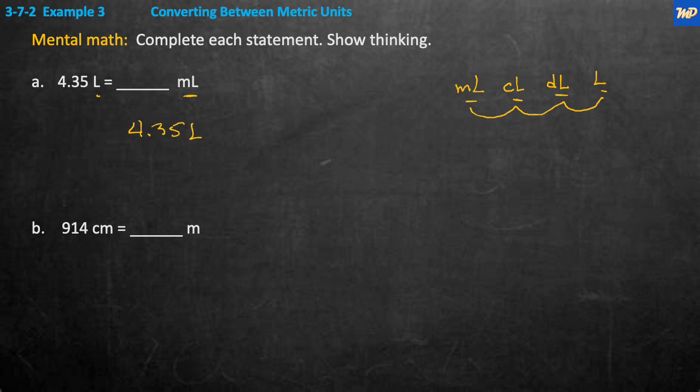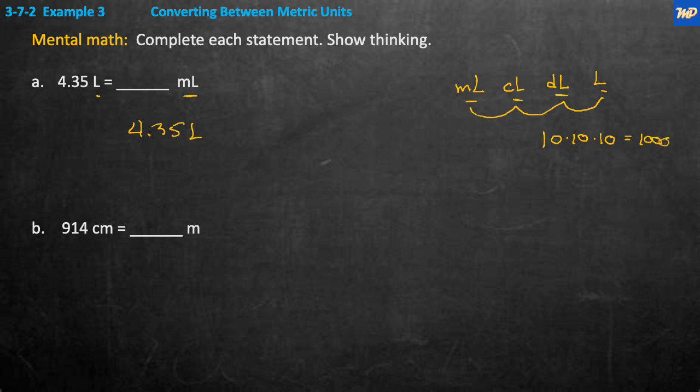A liter is 10 times larger than a deciliter. A deciliter is 10 times larger than a centiliter. And a centiliter is 10 times larger than a milliliter. So we're going to multiply these three together and we're going to get 1,000. 10 times 10 times 10 equals 1,000.